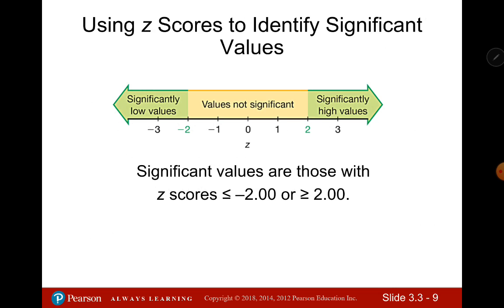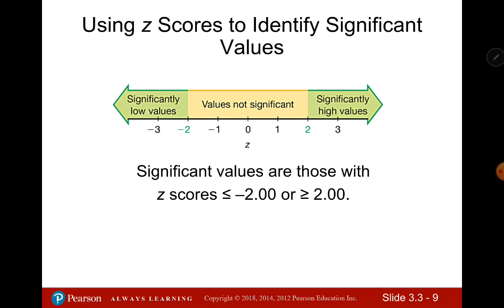All right, we can use z-scores to identify significant values. In this graph, we can easily find any value on the left tail, which means any value with a z-score less than -2 or even smaller, for example -2.5, -2.8, -3.